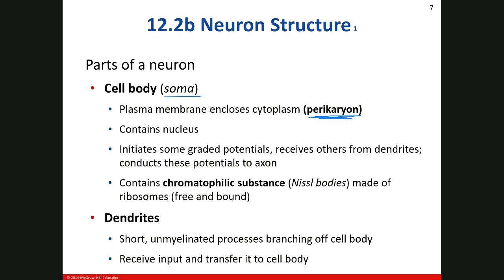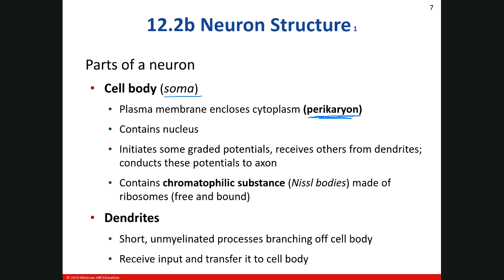When we go into neurons and into muscle, we have to name the cytoplasm something different. In the muscle cell, we call it sarcoplasm. Here in the neuron, in the cell body, we call it perikaryon.